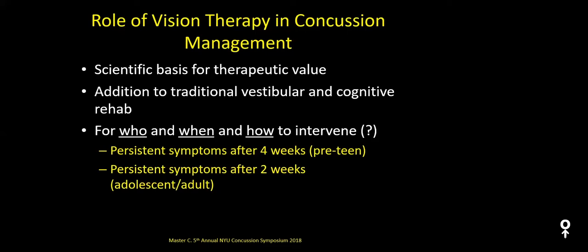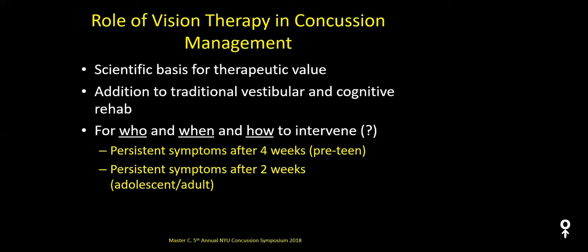Now, what we think is probably best now is that we begin to segregate individuals with concussion as being pre-adolescent versus adolescent or adults. If they're adults or they're adolescents, generally if they have persistent visual symptoms such as those that I've already described for you, that if it's been going on for 2 weeks or more, these individuals should be evaluated, and in most instances, they can be prescribed a specific regimen of what is generally termed vision therapy in order to improve these symptoms.